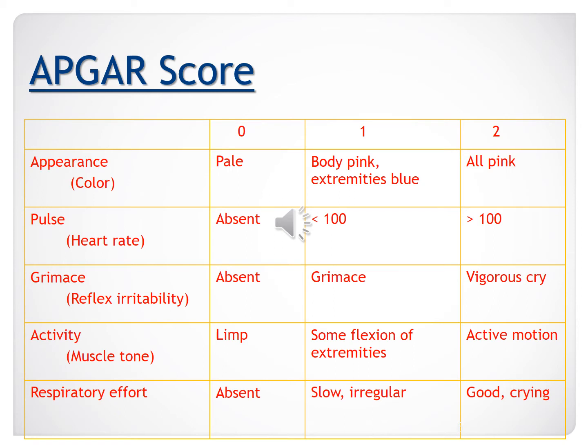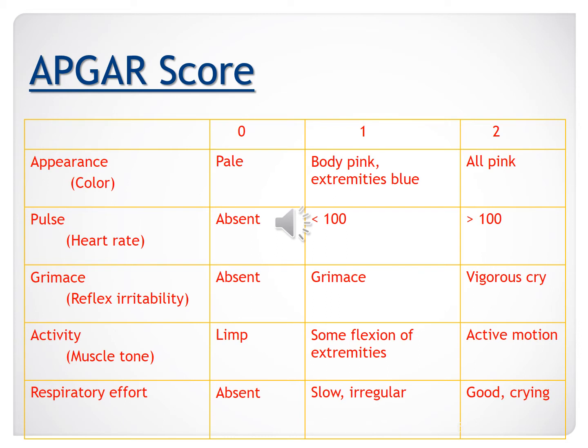And so APGAR scores tell us how well this newborn is making that transition, and based on the score it tells us if we need to do some interventions to help with that transition.